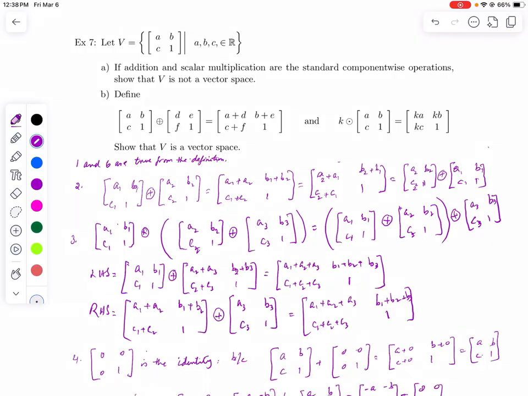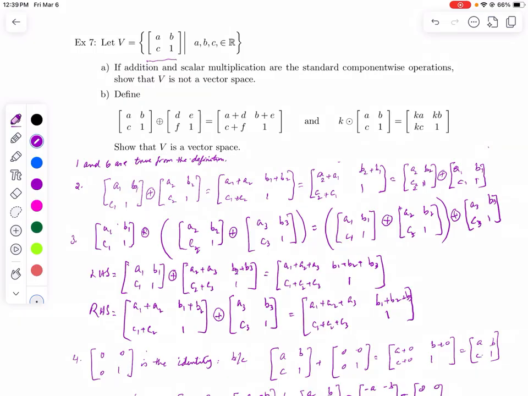So it says let V be a set of 2 by 2 matrices, which are depicted here. So a, b, c any real number, and the fourth place there is 1 always.